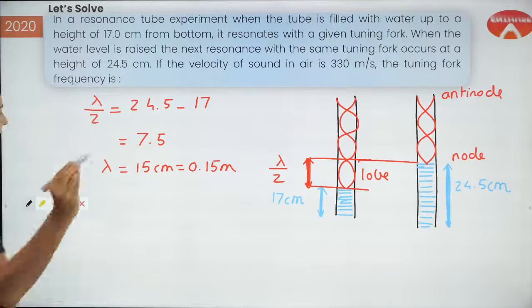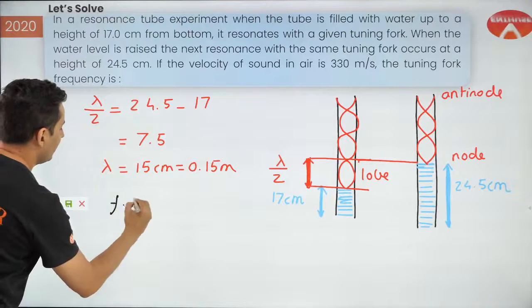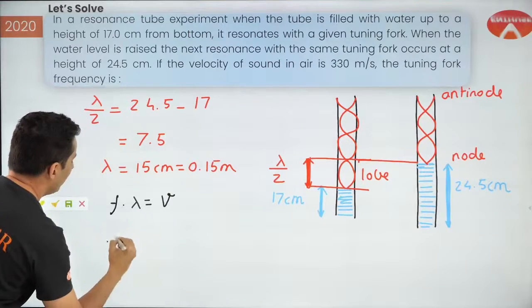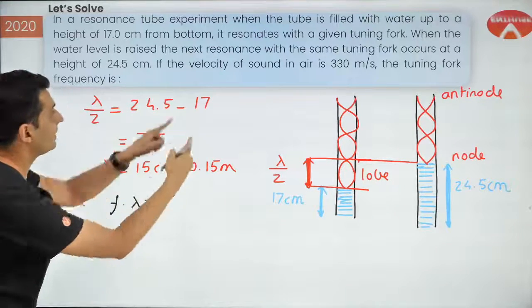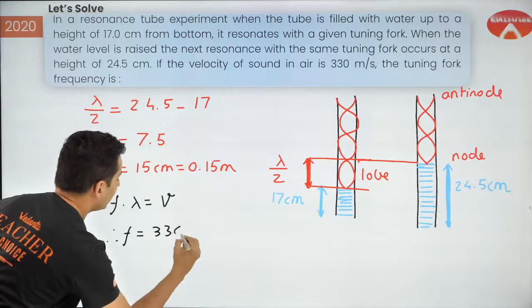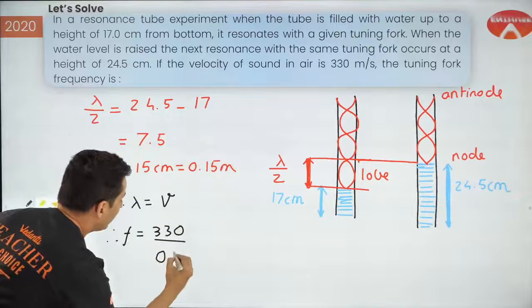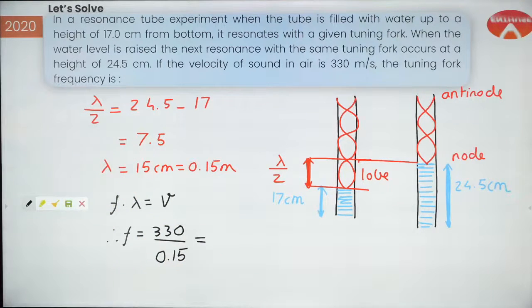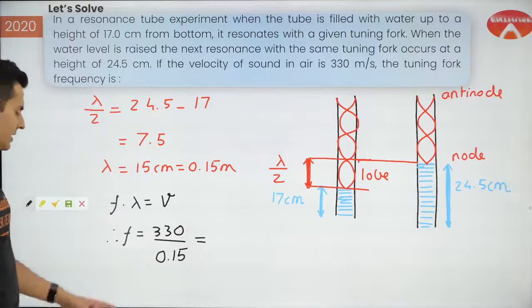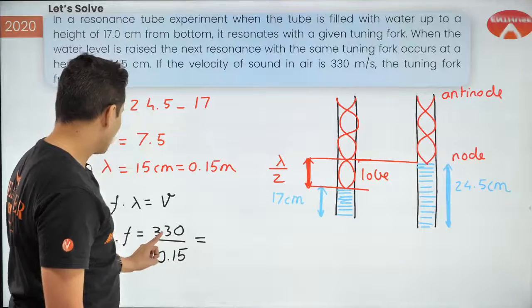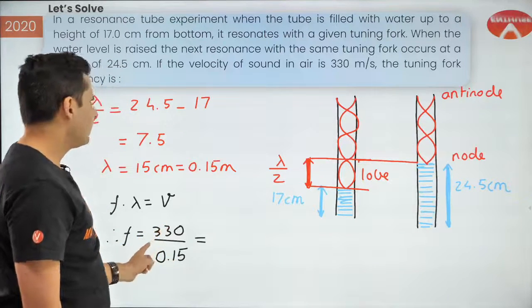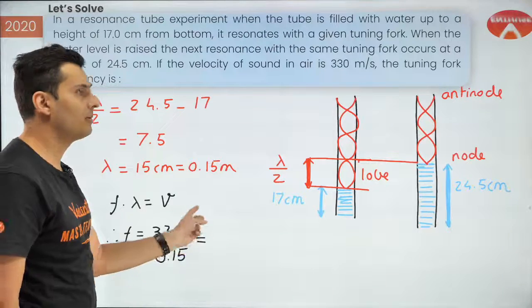Now our job is done. F into lambda is V. Therefore, F is velocity, 330, divided by lambda, which is 0.15. How much will this come out to be? 15 into 2, 30, that means 315, 330.